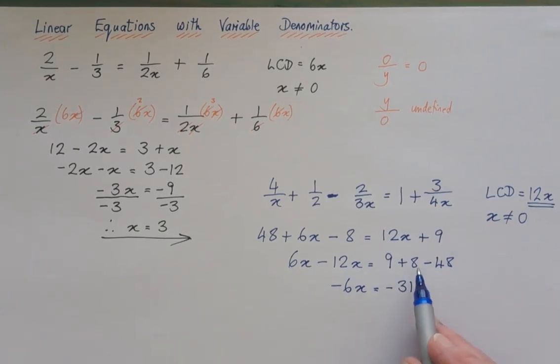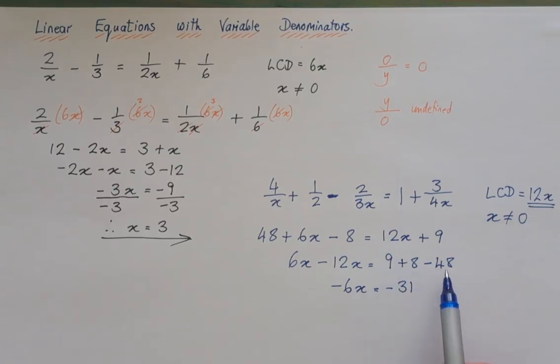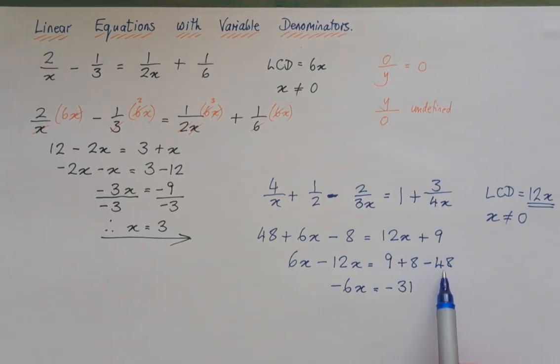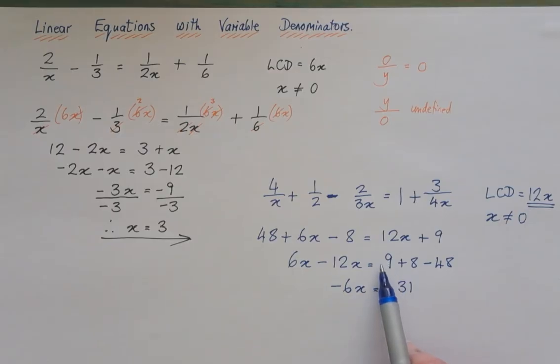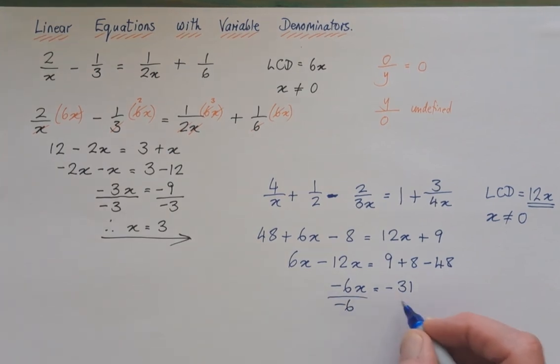You can do things in different orders as long as you make sure that you're looking at the sign that belongs to that. So this was a positive 8 subtracting 48. So in other words, we're left with negative 40. And then adding, because that hasn't got a sign, it's obviously a plus sign. Negative 40 plus 9 is going to give me that. Divide by negative 6.